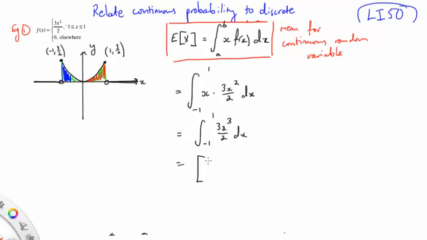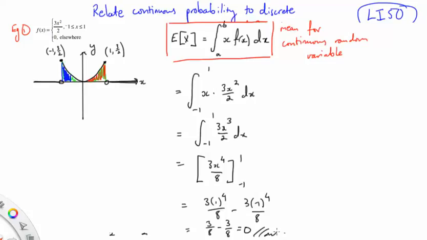And we add 1 to the power, divide by the new power, from 1 to -1, which equals 3 times 1 to the power of 4 on 8, minus 3 times -1 to the power of 4 on 8. What do we get? We get 3/8 minus 3/8 equals 0. Look at that. That's the mean. That's what you expect from this, which makes sense because it's kind of like the center value there. So on average, this continuous random variable is going to spit out the value 0.